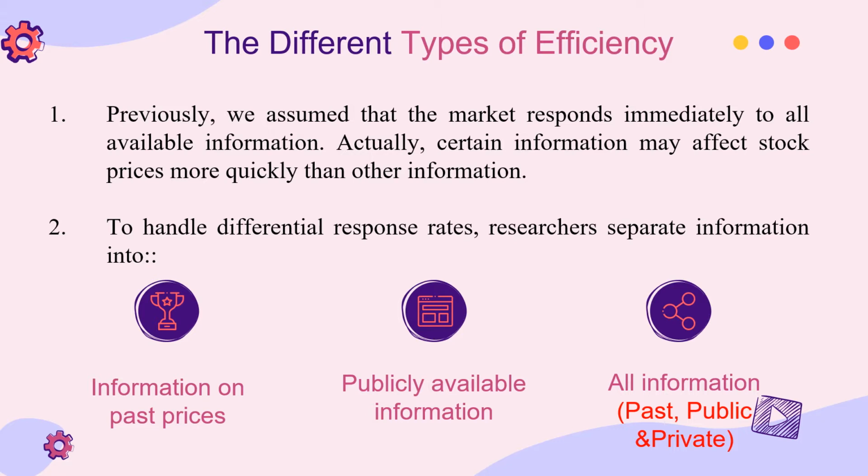So we assume that the market responds immediately to all available information, as we have learned in the previous video that there is a relationship between price and information. So, apa-apa berlaku dekat information akan berlaku perubahan kepada price. The point number 2 is to handle different response rates.